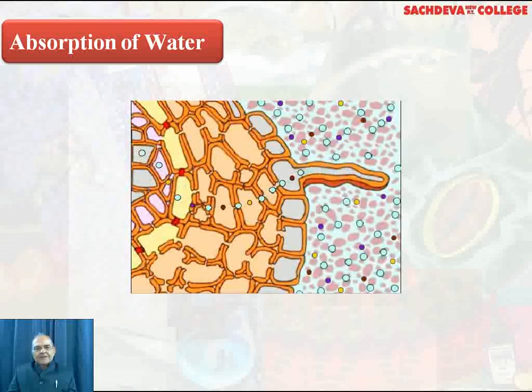This is the symplastic pathway. Here you can find the water is being absorbed both in the apoplastic way as well as in the symplastic way.